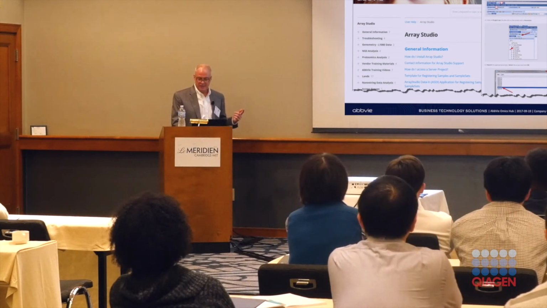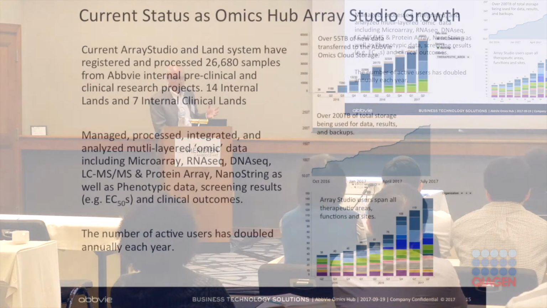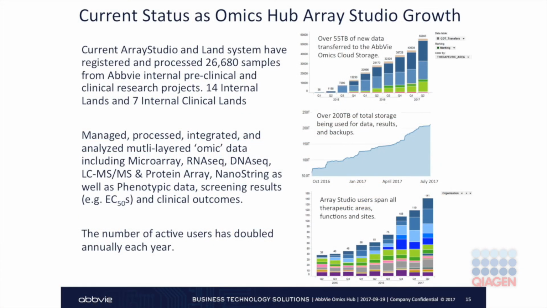So now I guess I'm just going to go over the current status or growth. So far we've registered and processed almost 27,000 samples of internal preclinical and clinical projects. We've got 14 internal lands and 7 clinical lands that we've put together. So we're certainly familiar with the intricacies of getting a land curated, the data curated and loaded and properly converted.